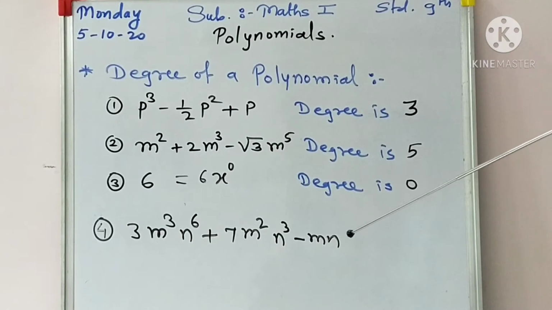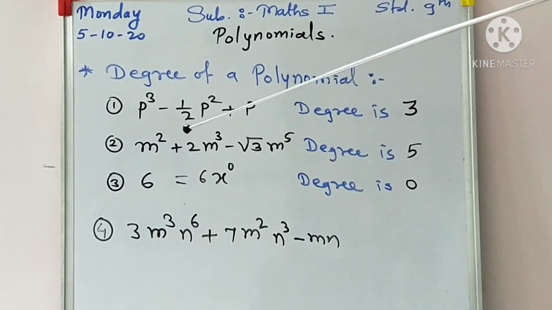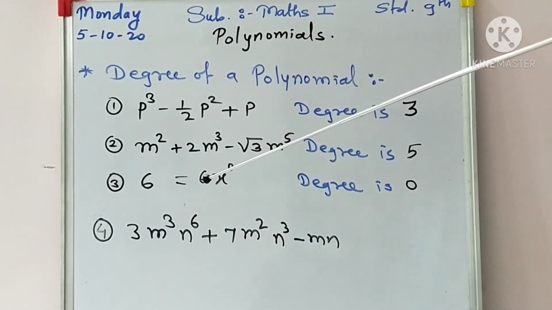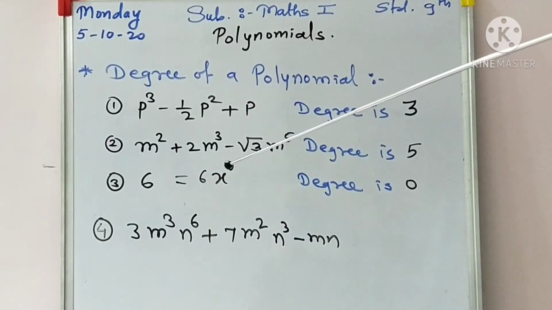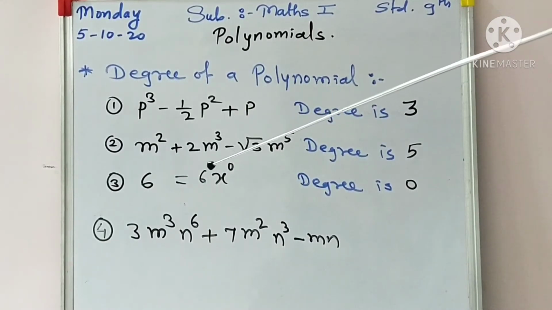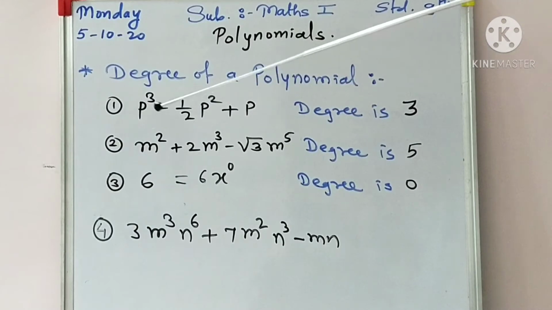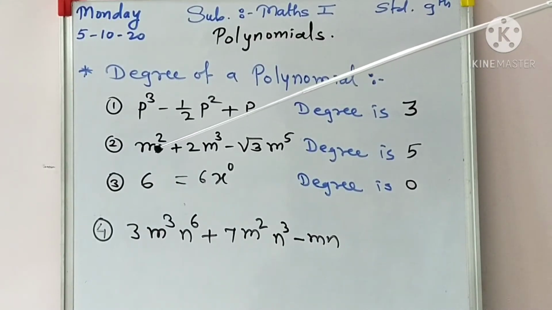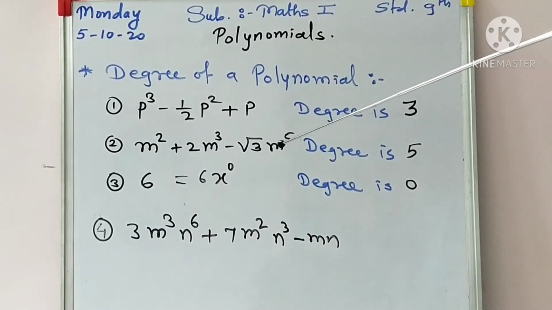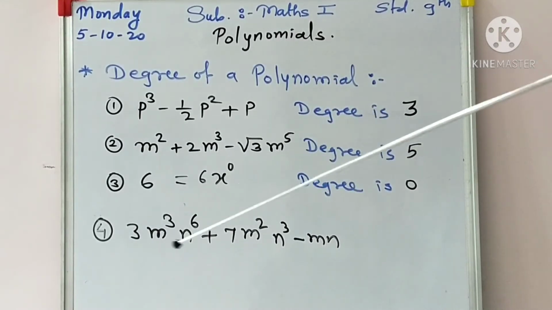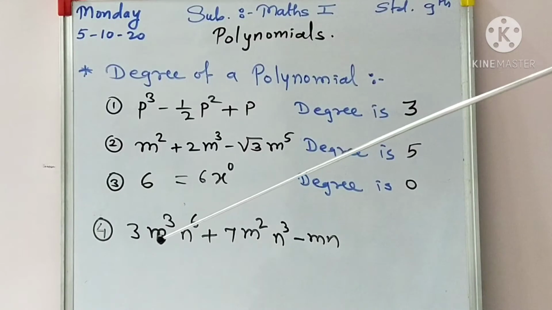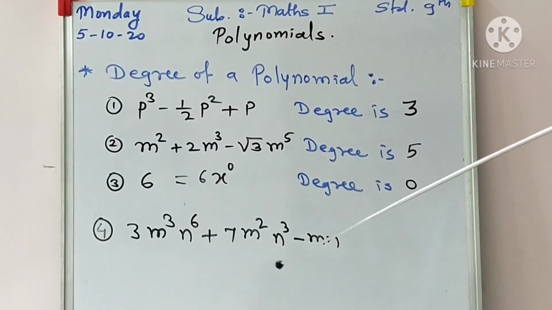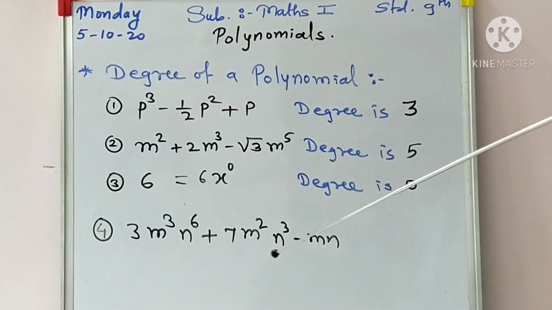The difference is that the first three are polynomials in one variable: in the first one p is the variable in each term, in the second m is the variable in each term, but the fourth is a polynomial in two variables. So for two-variable polynomials, how do we find the degree? We see here.